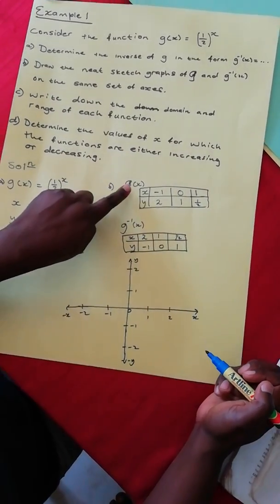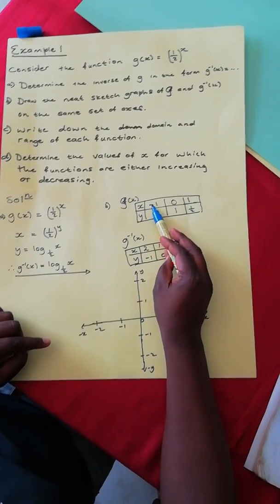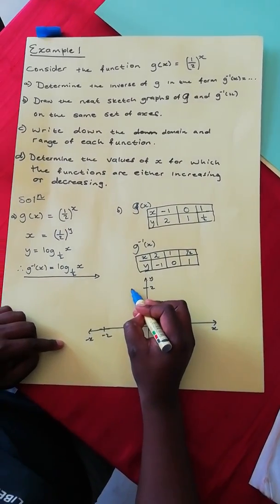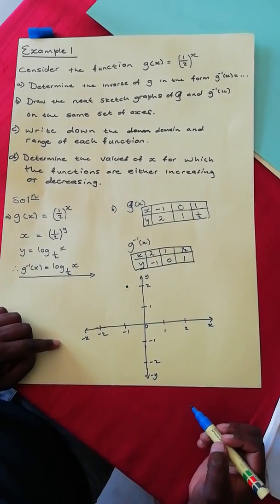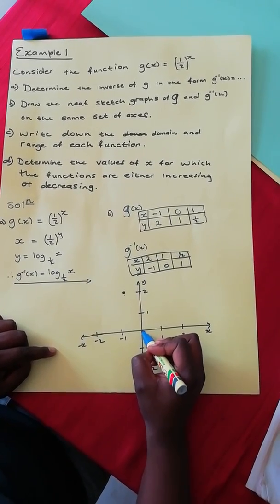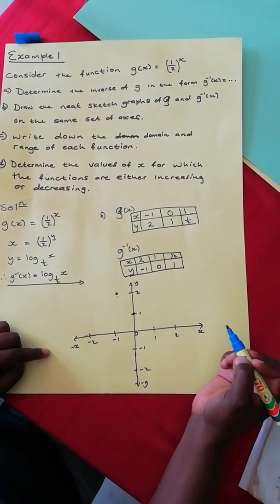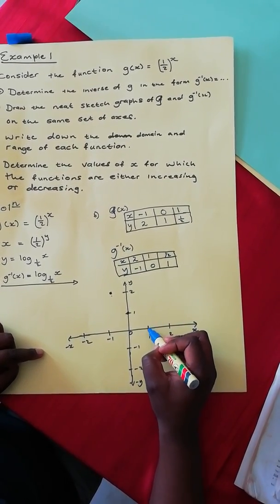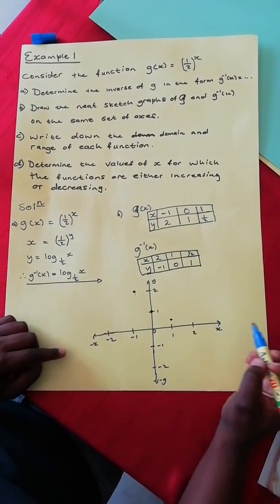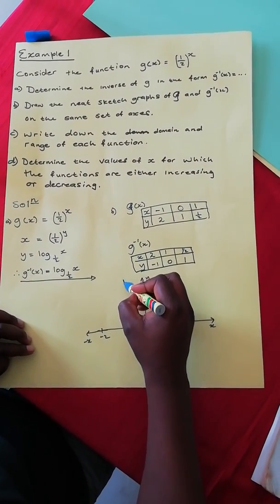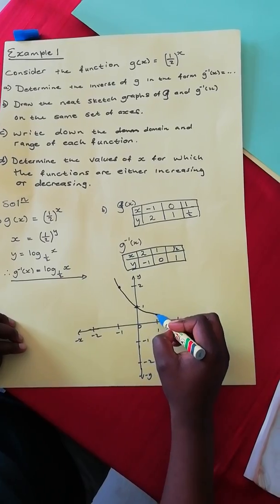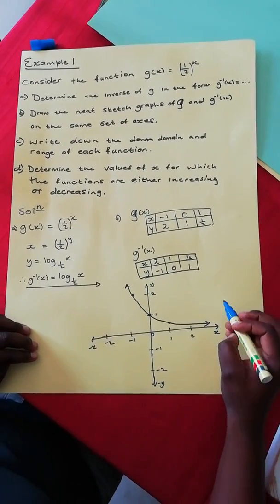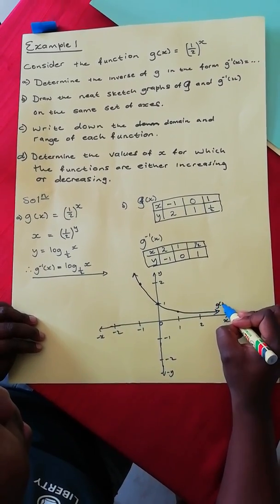So for g of x we have -1 is to 2, 0 is to 1, and 1 is to 1 over 2. We have x 1 being 1 over 2. So sketching the graph here, that is the graph of g of x.